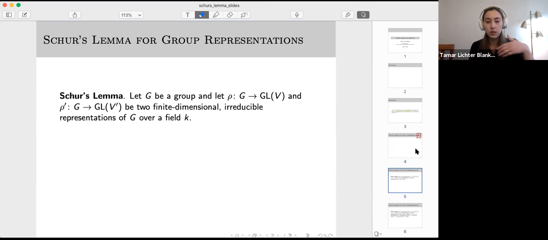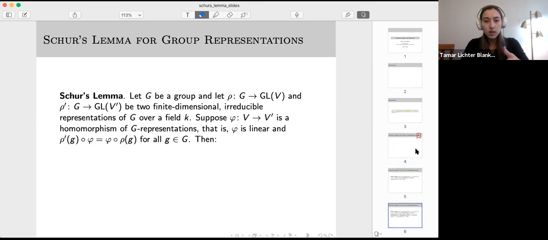So here's Schur's lemma. First you start with a group and you take two different representations of the group. These should be irreducible representations, so they don't have any non-trivial subrepresentations. Suppose that I have a map of G-representations.